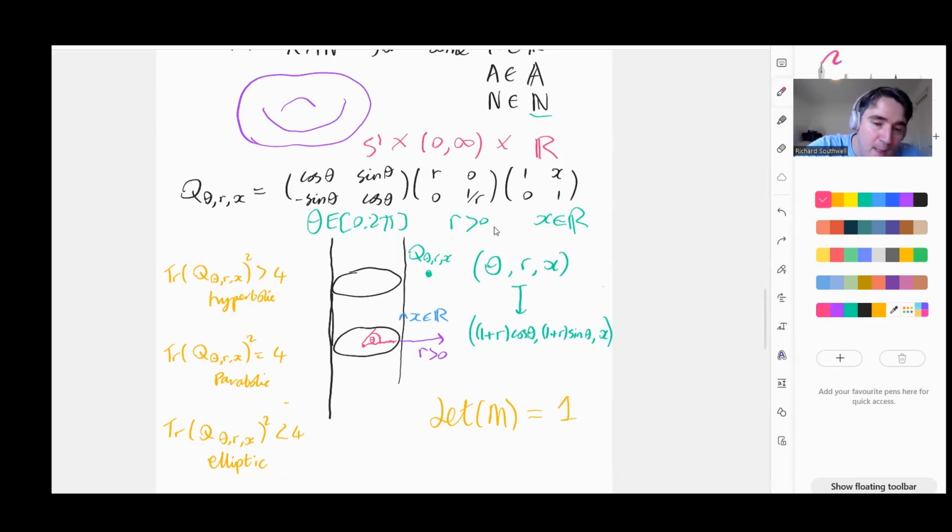So remember, by checking these inequalities, we can see whether our matrix is going to be hyperbolic or parabolic or elliptic. And so we can basically draw the regions corresponding to these things, and these are going to correspond to these regions of this 3D space. And basically looking at those regions is going to tell us about the behavior of our matrix.